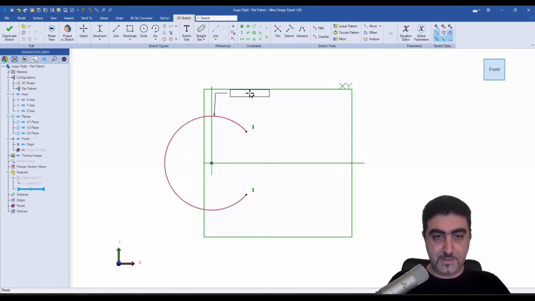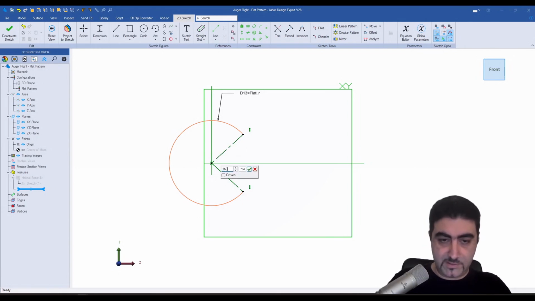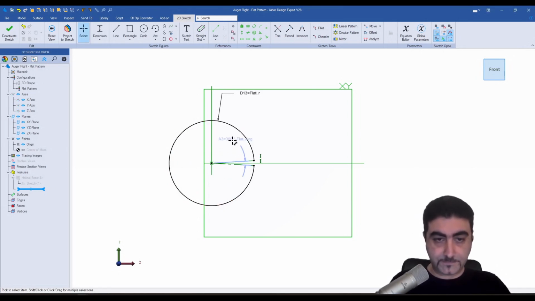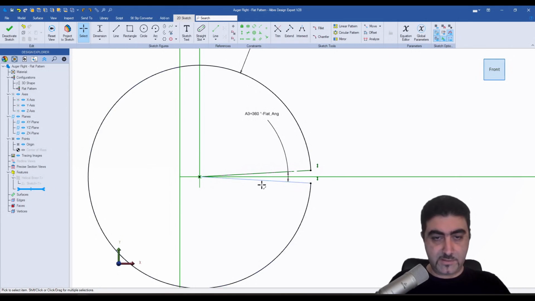And now this is going to be flat R, okay, and I'm making 2 auxiliary lines here, and this is going to be 360 degrees minus the flat angle, which will give me 6.55 degrees. Yep, that's correct. Okay, that's good enough.